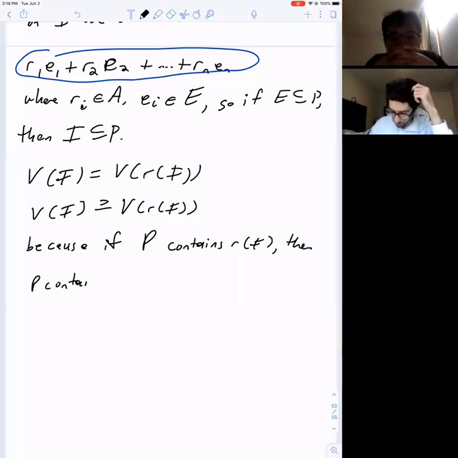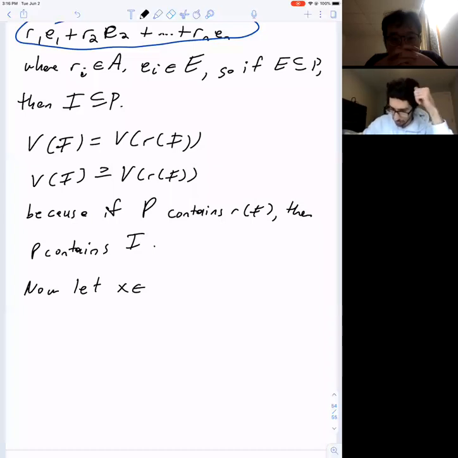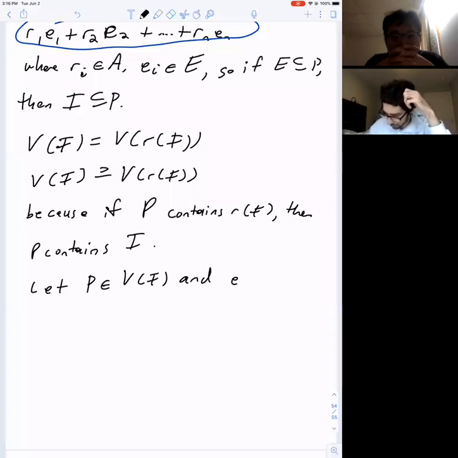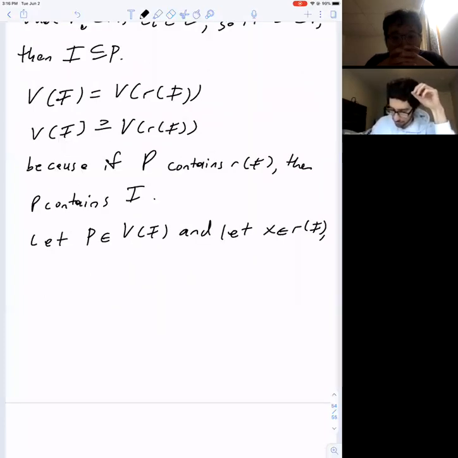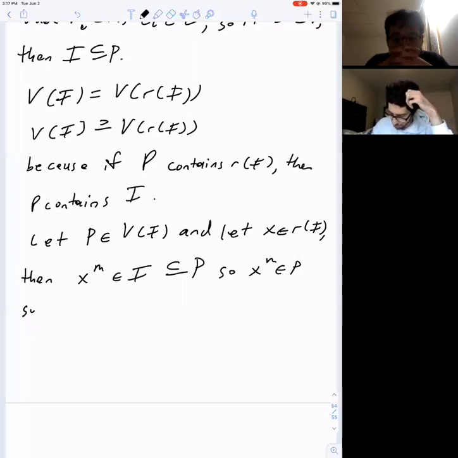So now let X be an element. I'm sorry, let's start over by saying that let P be a prime that contains I, and let x be an element of the radical of I. Then that means that x to the m is in I, but that's contained in P. So x to the m is in P. So that means x is in P. And therefore, P contains the radical of I. So we are done.